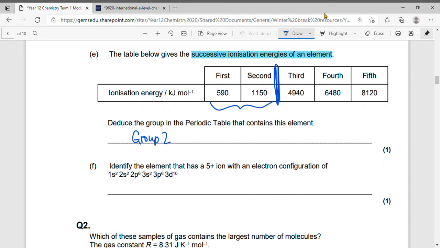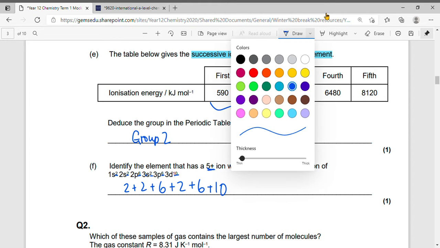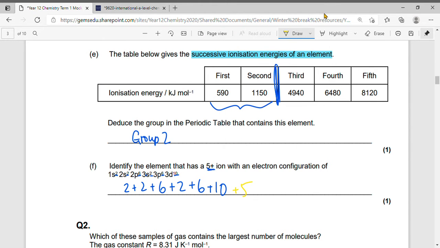Identify the element that has a 5+ ion with an electron configuration of this. So 5+ means it's missing 5 electrons, so we're going to add 5 to each of these numbers. So 2 plus 2 plus 6 plus 2 plus 6 plus 10, and we're going to add 5, and that gives us, let me just do it on my calculator, 33.